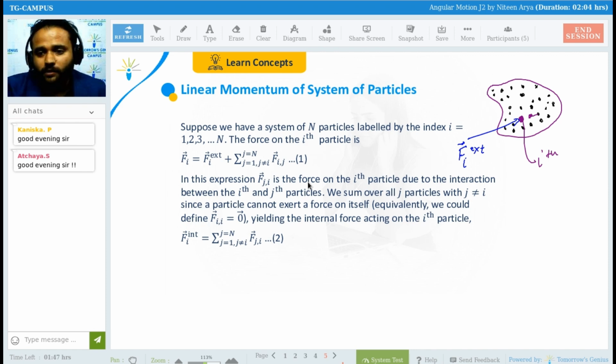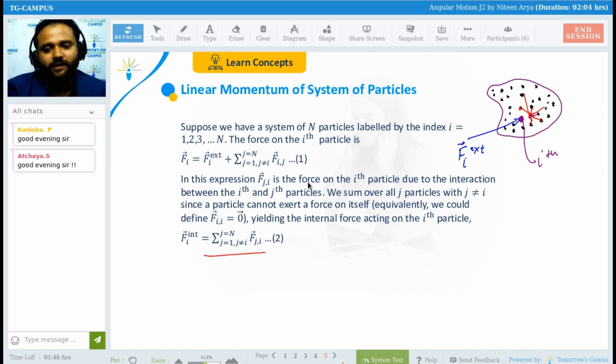Due to this particle on this, due to this particle on this, and so on, because the arrangement is going to be a little disturbed. And the effect of this change in arrangement is a force which is internal, the effect of the other particles on this one, along with the force we applied on the particular particle. So that is the net force on this. Due to this internal part, we have this much.